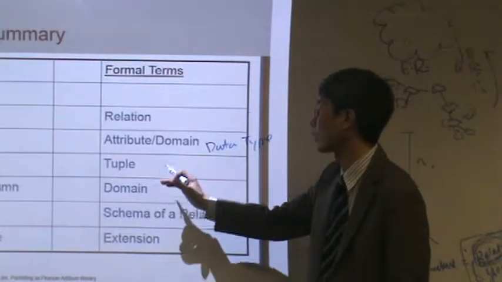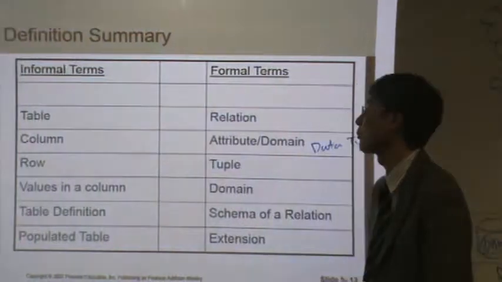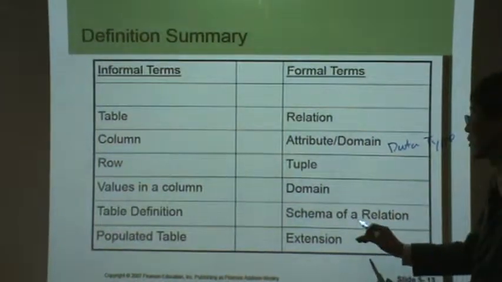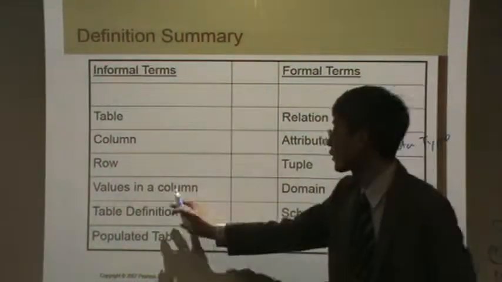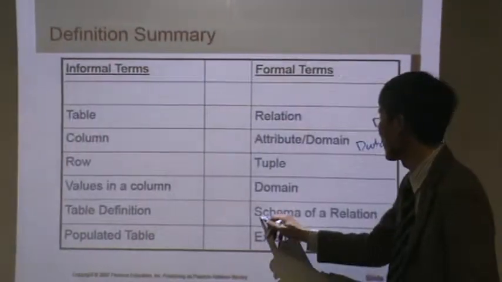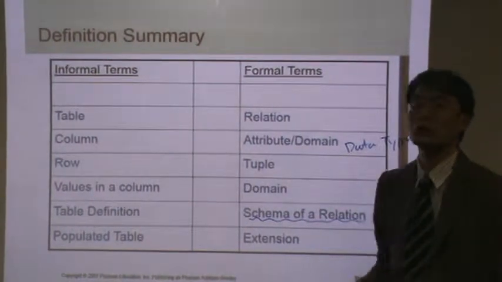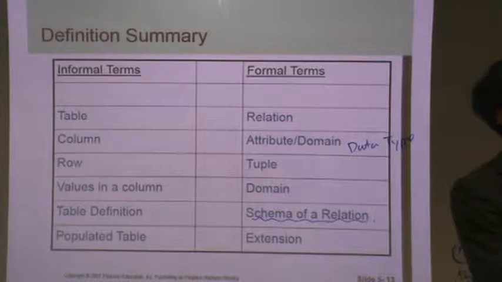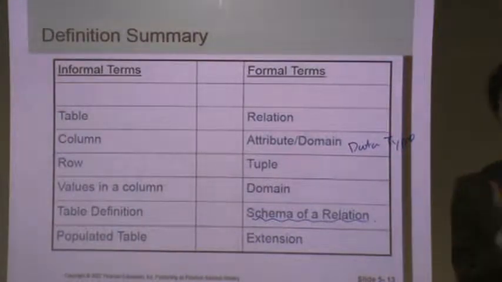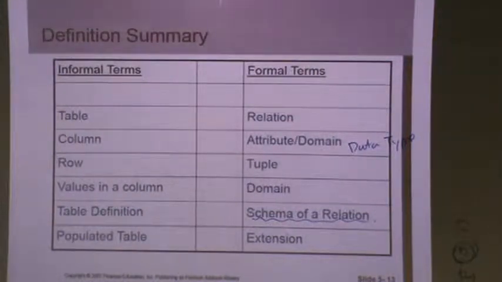And we have the tuple that represents the rows and the domain. So our goal is to find the table definition, which means the schema of the relation. That is called the relational database schema.